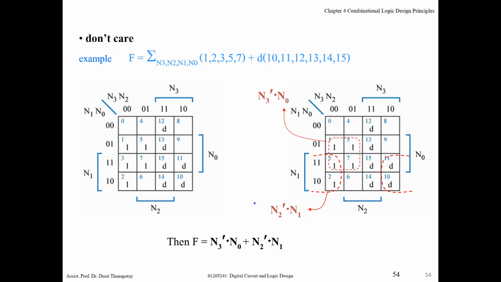More question for you. Now, if I apply the input value of N2, N1, N0 with, for example, 1, 1, 1, 1, could you tell me the output based on this equation?